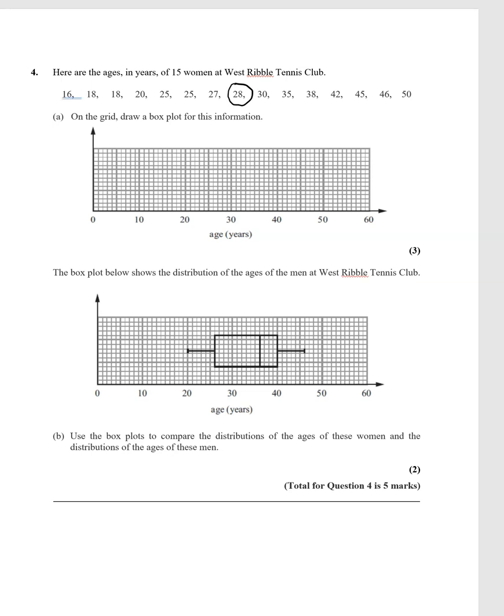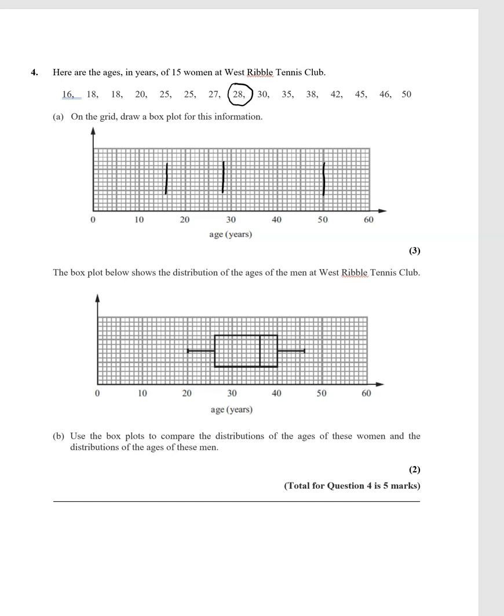So that is our median. So let's draw a line at 28. Our lowest value is 16, so we can draw a line at 16. Our highest value is 50, so we can draw a line at 50.